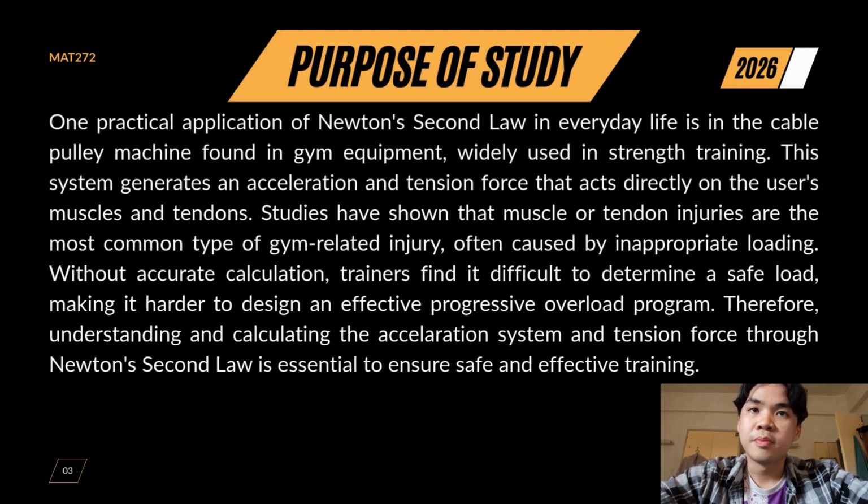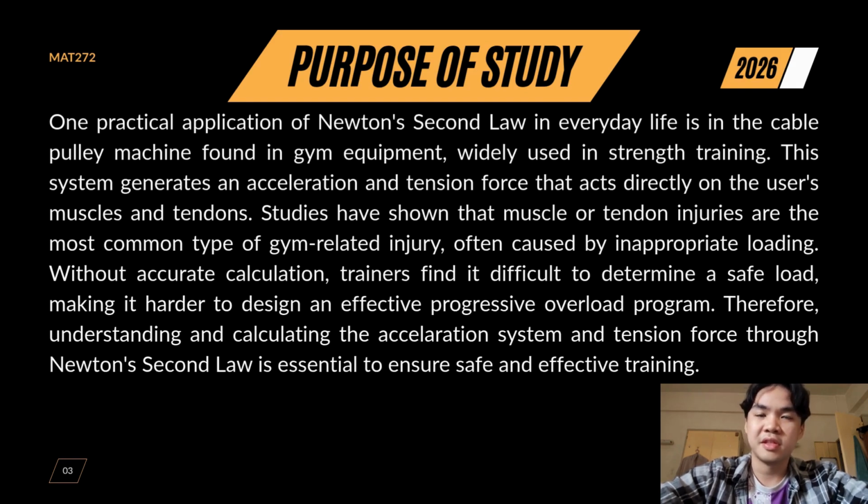Now, our purpose of study: one practical application of Newton's second law in everyday life is in the cable pulley machine found in gym equipment, widely used in strength training. This system generates an acceleration and tension force that acts directly on the user's muscles and tendons. Studies have shown that muscle or tendon injuries are the most common type of gym-related injury, often caused by inappropriate loading.